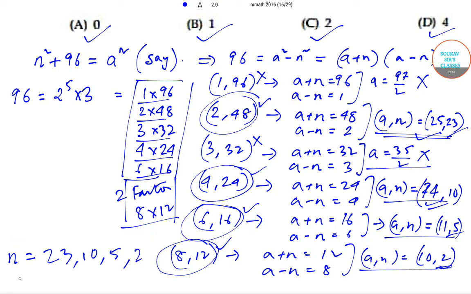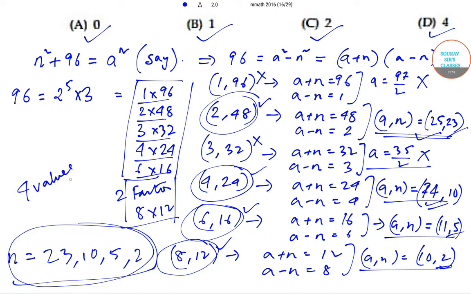So this is the set of values of n. As you can see that n takes 4 values. So the answer is option D, 4.